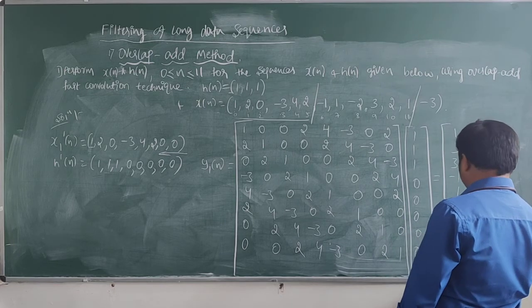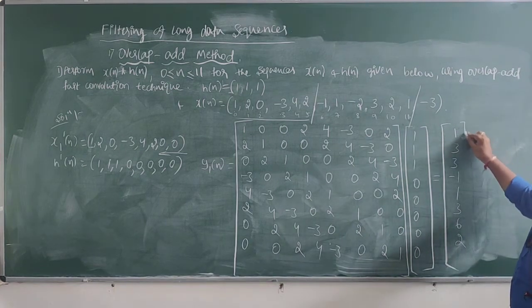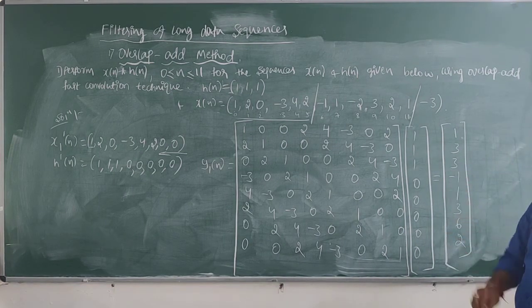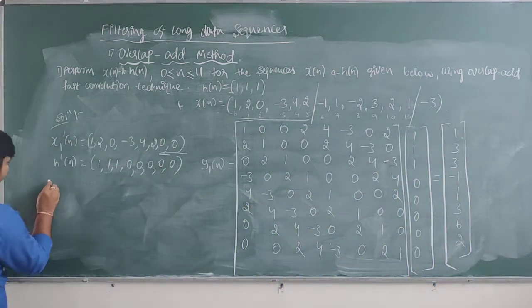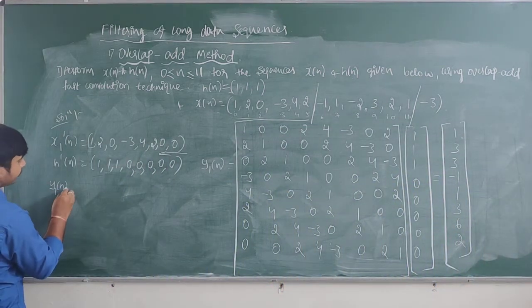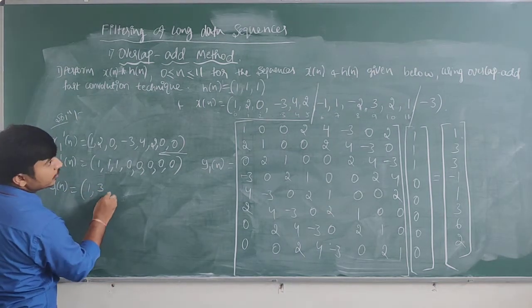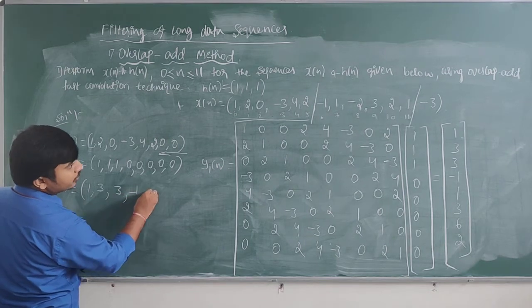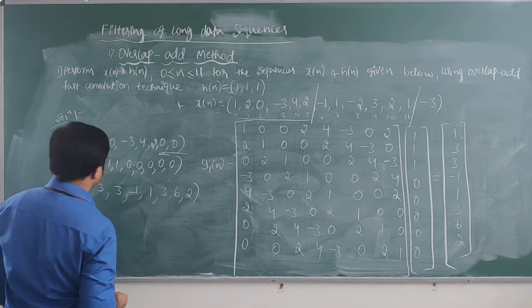Then 0, 2. So this is my y1 of n. So y1 of n is equal to 1, 3, 3, minus 1, 1, 3, 6, 2.